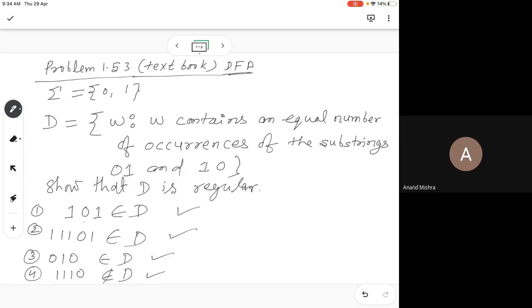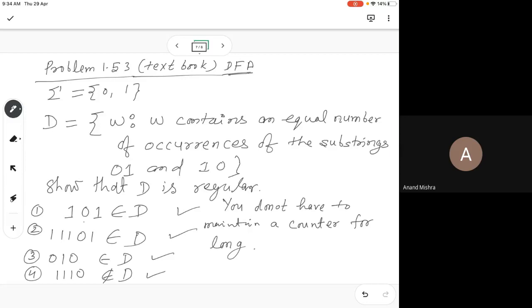So let me say it like this: you do not have to maintain a counter for long.